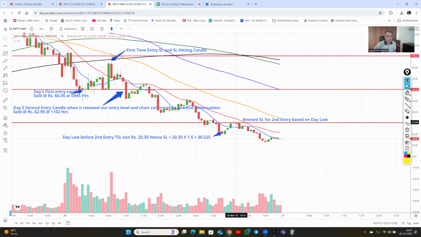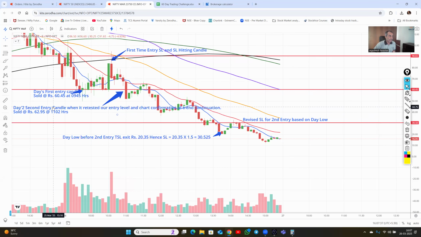It hit our revised stop loss and then went down all the way. But we don't care about what happens after that. So we entered here, and luckily it was a continuous downtrend.